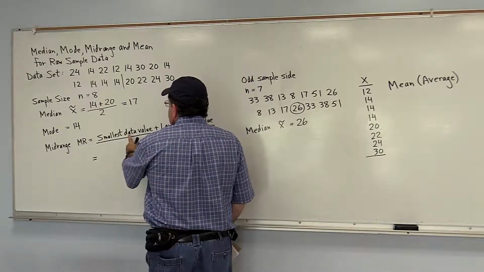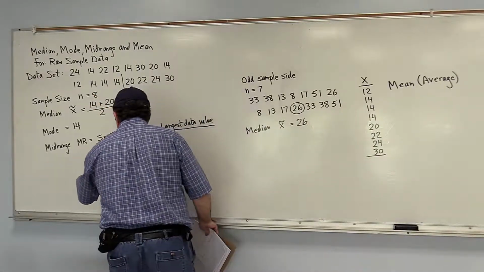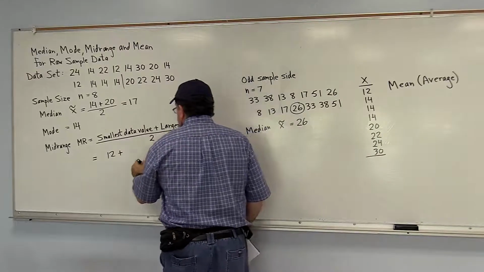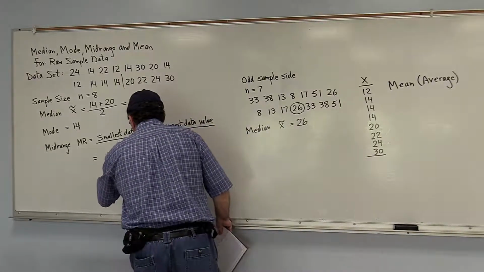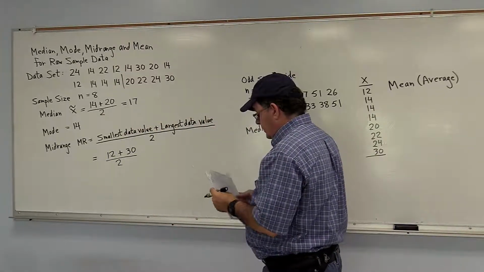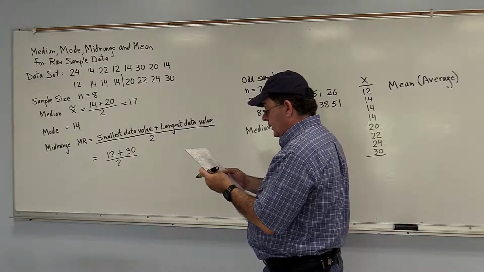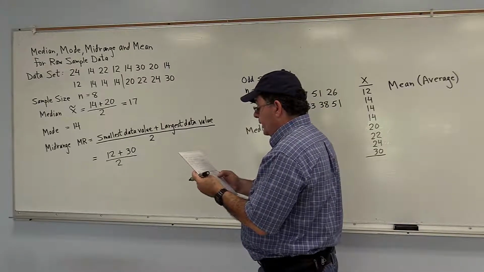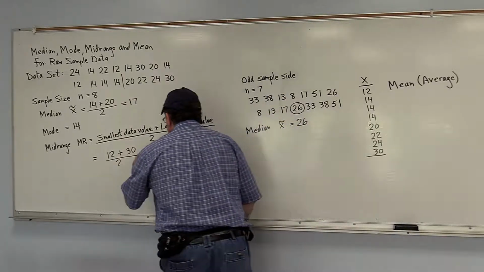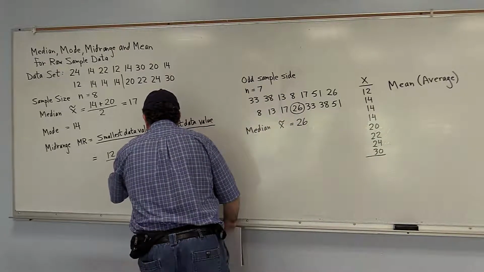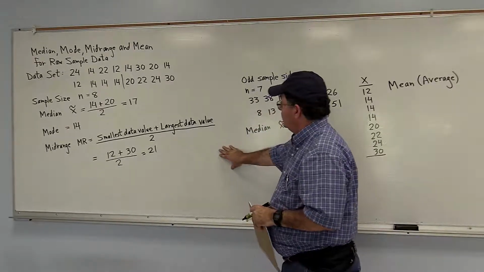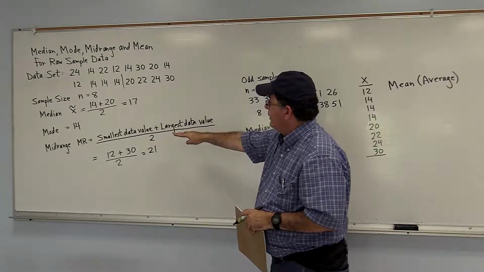So the smallest piece of data is 12 plus the largest piece of data, 30, and we take their average, so we divide that by 2, and that's 42 over 2, which should be 21, and it is. It's equal to 21. Okay. So that takes care of the median, the mode, the mid-range.